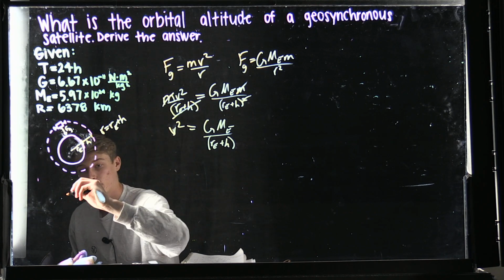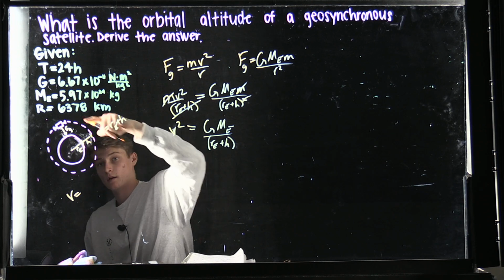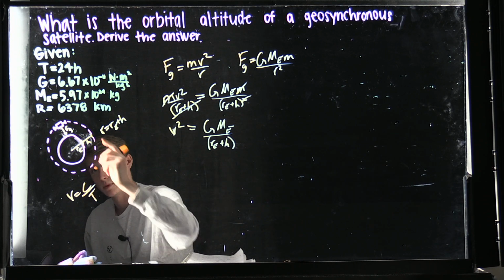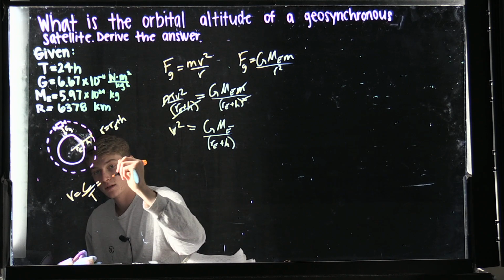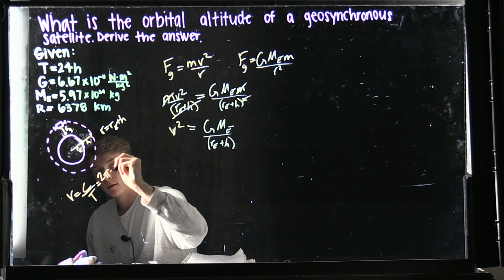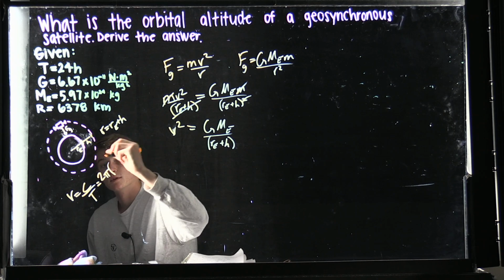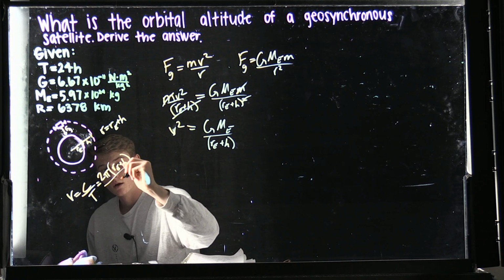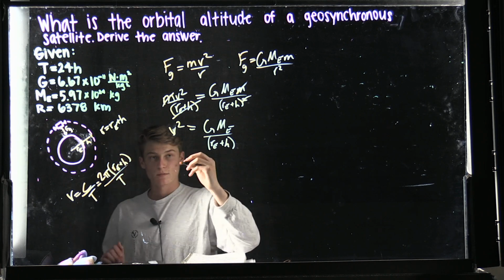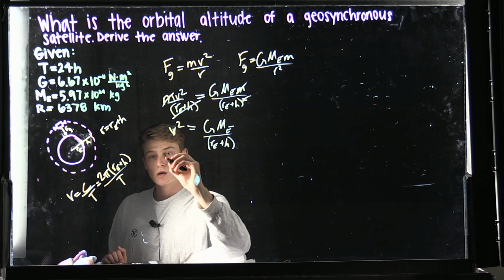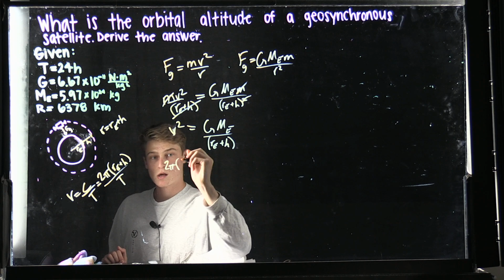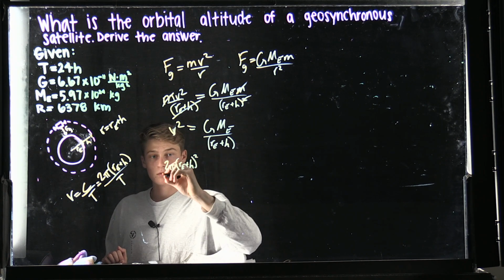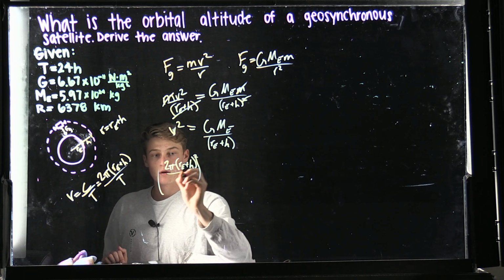Okay? And then from here, since we're not given a velocity, we're going to want to find that. And the velocity would be the distance over time, and the distance it travels is the circumference over the period of the rotation. And that's 2 pi times the radius, which is radius of the Earth plus altitude over the period. So if we substitute that in for the velocity, we get 2 pi radius of the Earth plus altitude, this whole thing is going to be squared over the period.